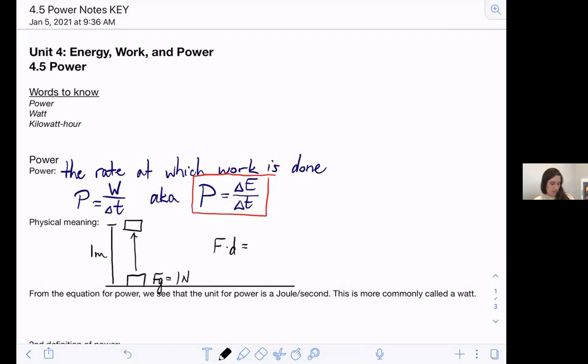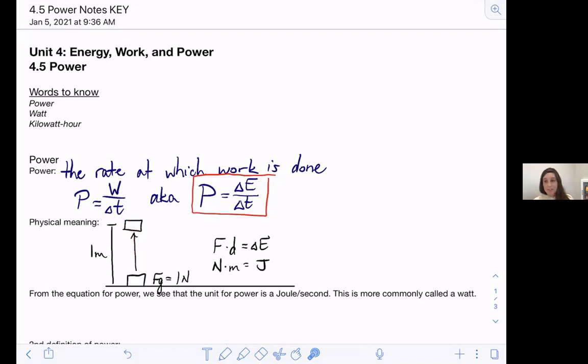Well, hold on. This should really say change in energy because we have a Newton, we're multiplying it by a meter, we're getting a joule. So taking this 1 Newton object and lifting it up 1 meter has increased the energy of this thing by 1 joule. And we could do that very quickly, right?